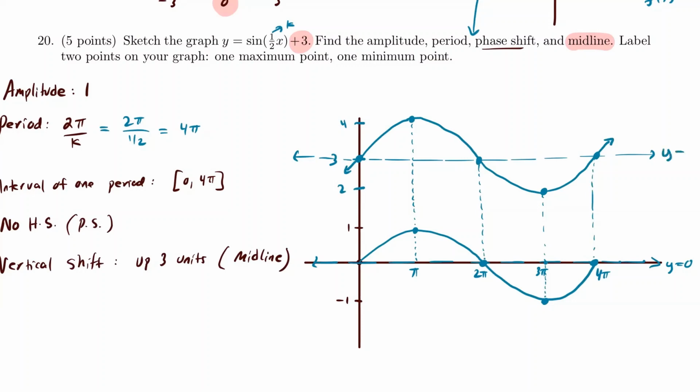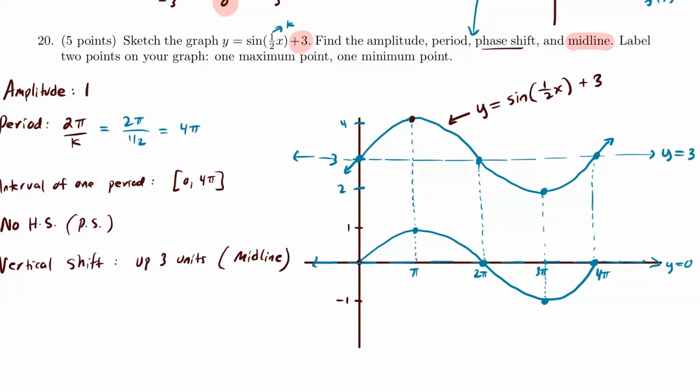So this is your new midline, which is y equals 3. And our final picture is this graph, not the one below. This is y equals sine of 1/2 x plus 3. And we're to label the maximum point and minimum point. This is your maximum point.